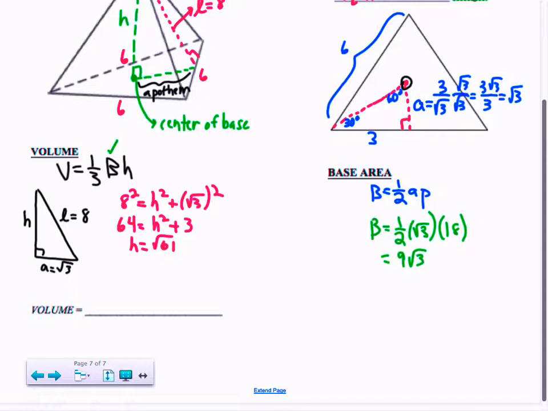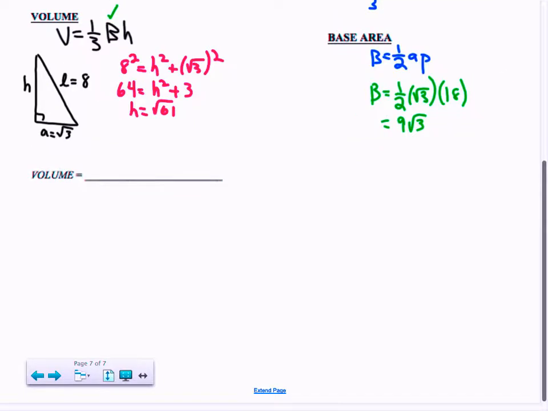All right, so my volume equals 1/3 the base area times the height again. Now we have all of that. That's 1/3. Our base area was 9 root 3. Our height is root 61.